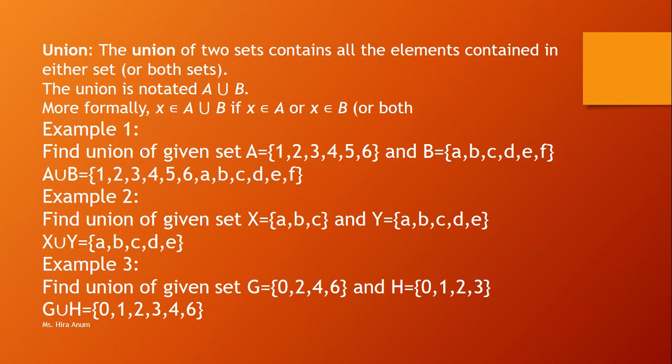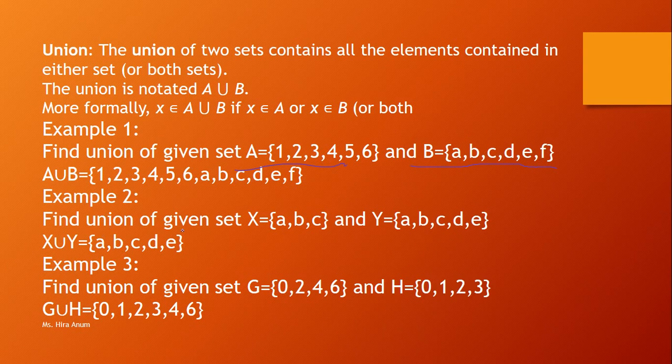For example, set A equals 1, 2, 3, 4, 5, 6 and B equals A, B, C, D, E, F. Then you take A union B. Then you write both sets' elements: 1, 2, 3, 4, 5, 6, A, B, C, D, E, F, G.